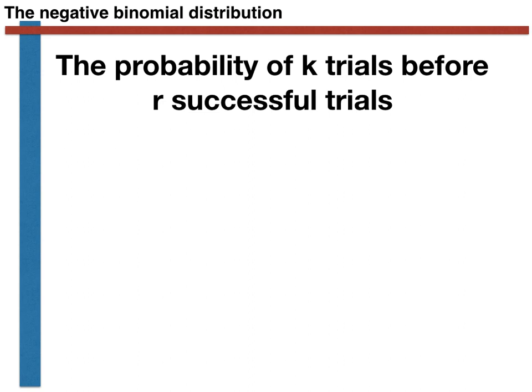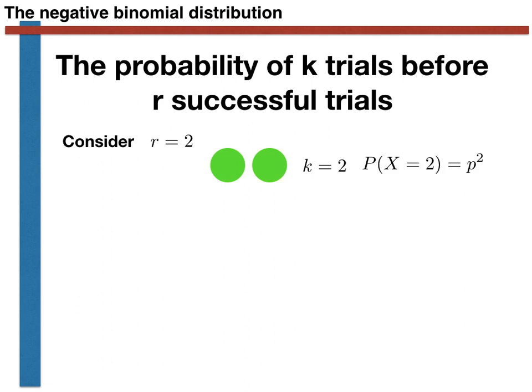If you get the second success on the second trial, that is to say if k is equal to 2, then both of your trials must have been successful. The probability of two consecutive identical trials is just p squared, however, and so the probability that x equals 2 in this case is p, the probability of success on a single trial, squared.